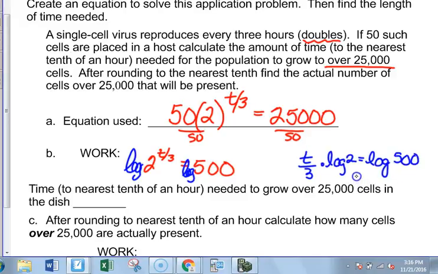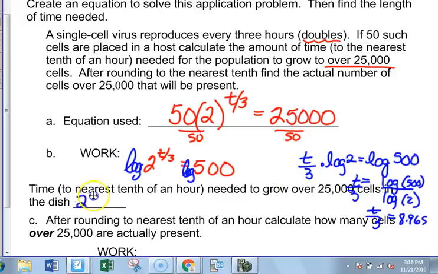Okay, divide. T over 3 is 8.965, so times 3.